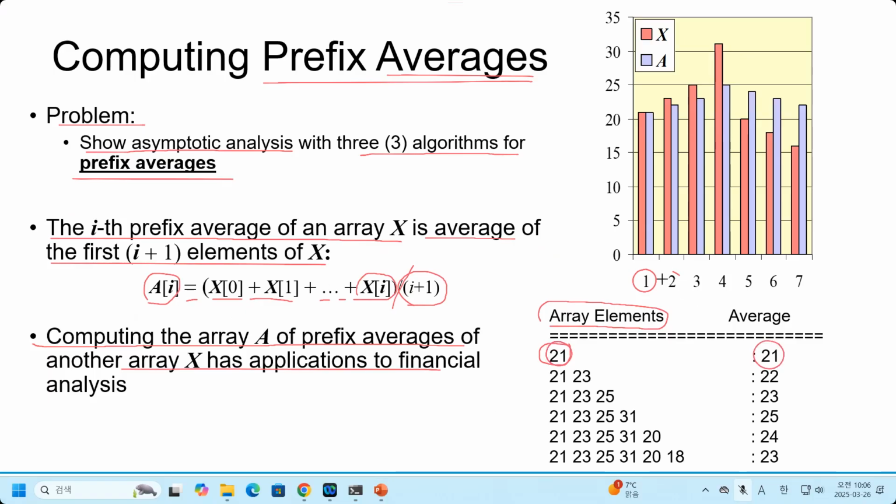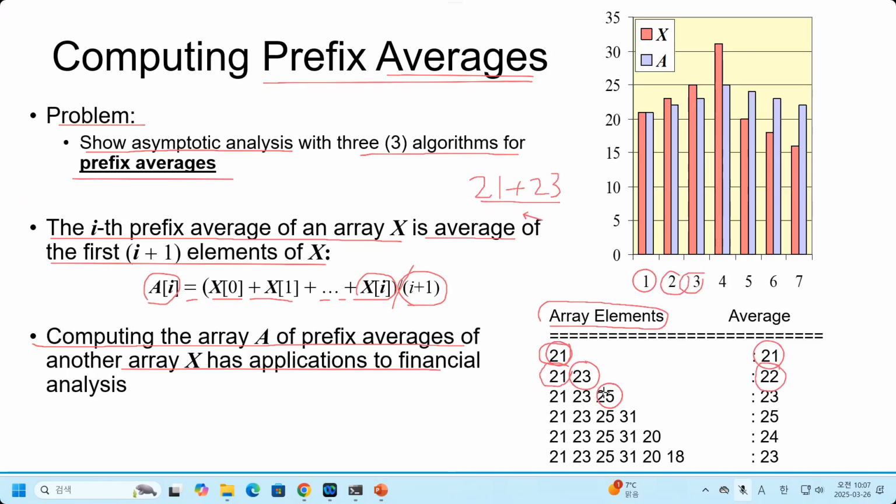At time point two, we have the values 21 and 23. What is the average? 21 plus 23 divided by 2, and we have 22.